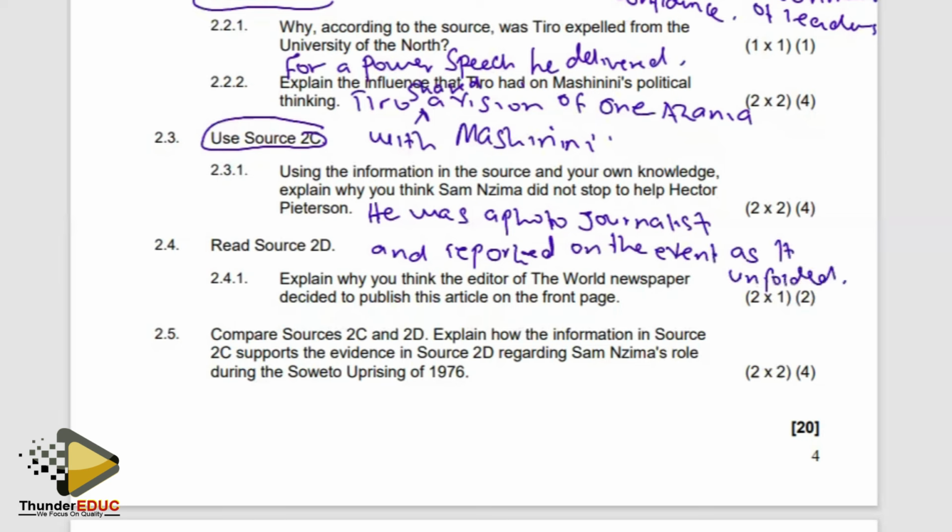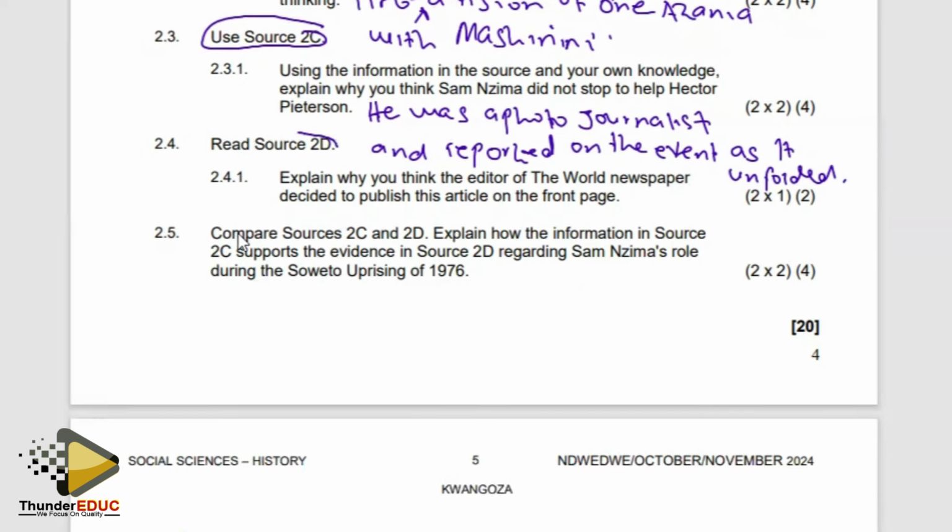All right. You can also say to expose the atrocities and brutality of the apartheid regime. Also, Sam Nzima may have been shocked or afraid. Any relevant answer can apply.